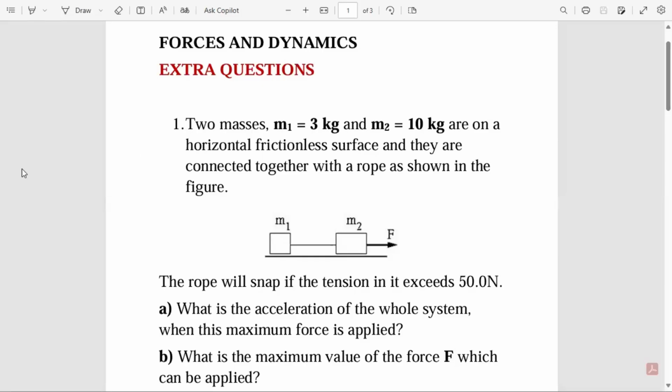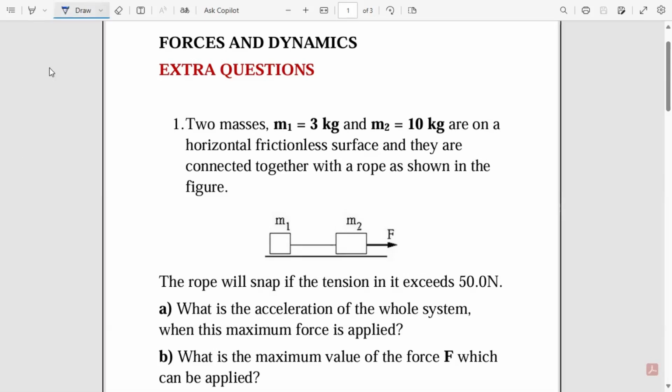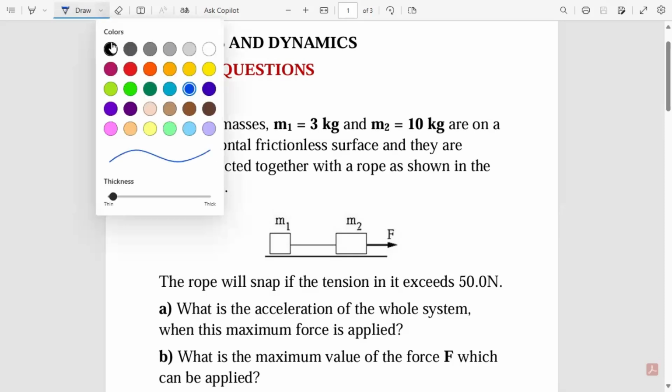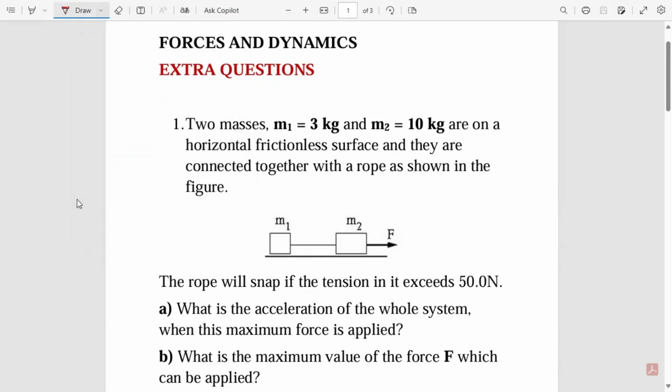So on part A, when they say what is the acceleration of the whole system when this maximum force is applied, they've told us that when the maximum force is applied, the tension in the string is going to be 50 newtons. So those are the conditions that we are going to use.